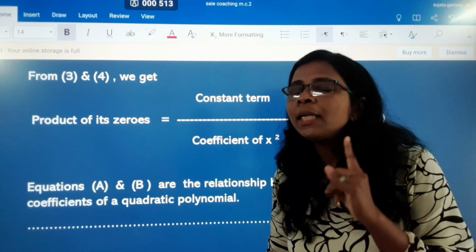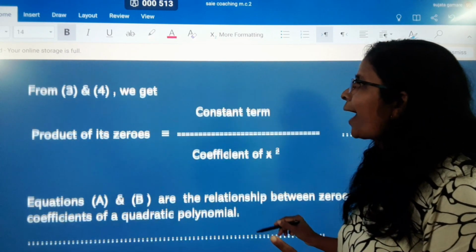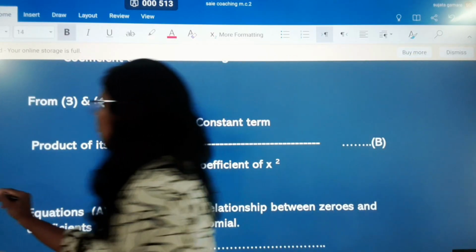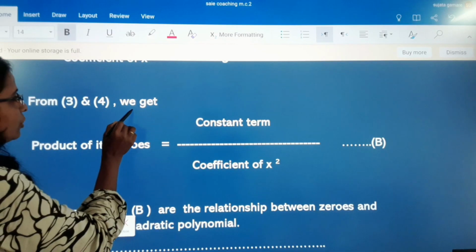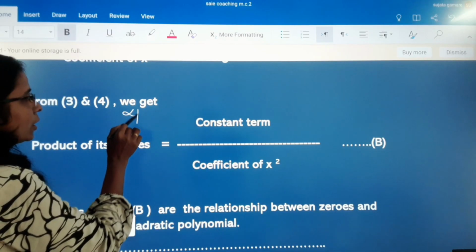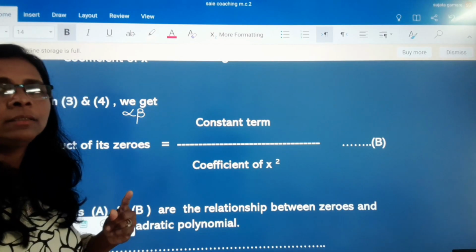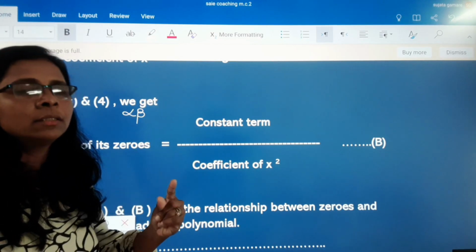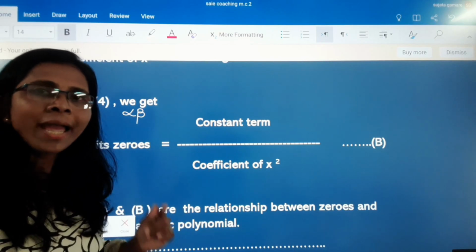Here, directly in shortcut, you may write the formula as product of its zeros. Let us consider the first zero as alpha and the second zero as beta.